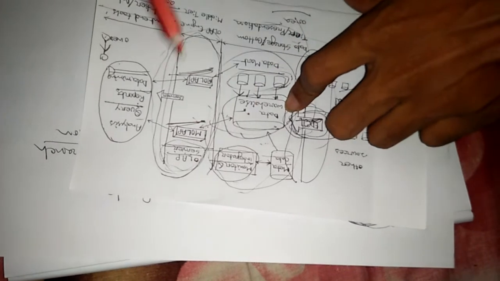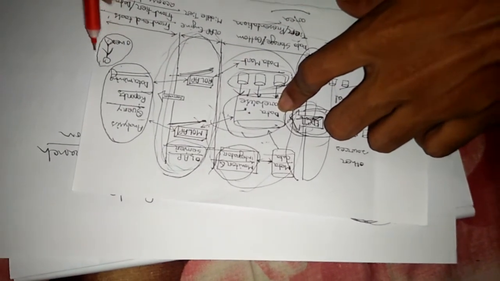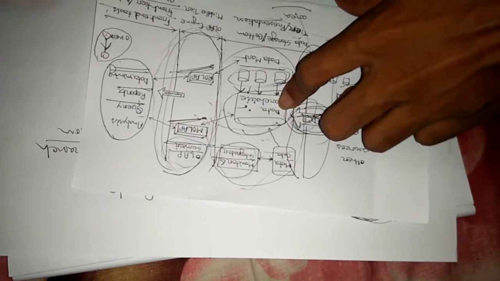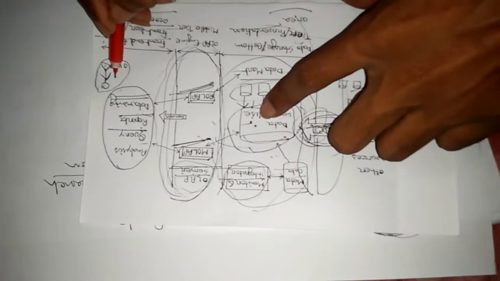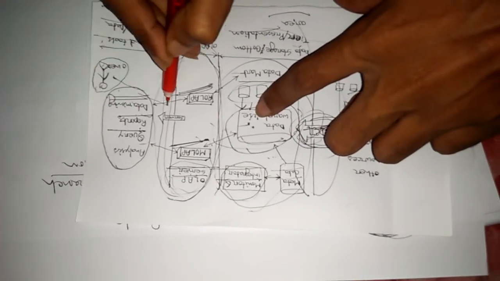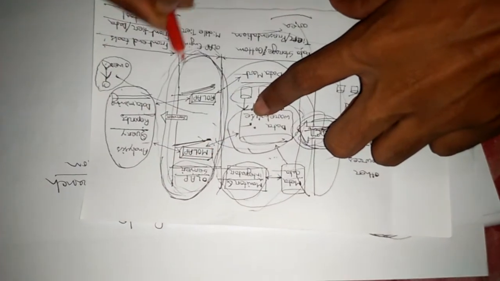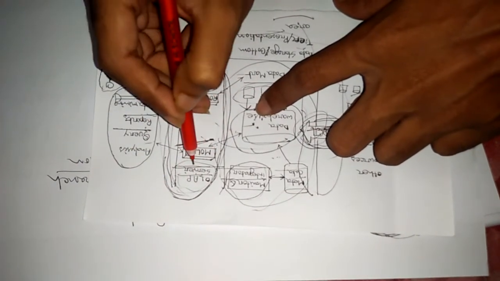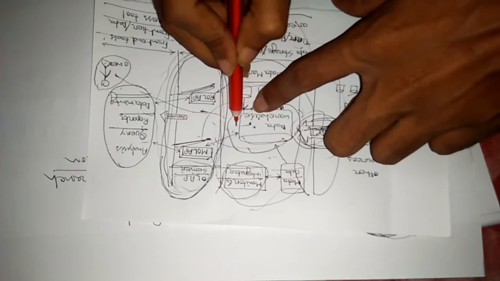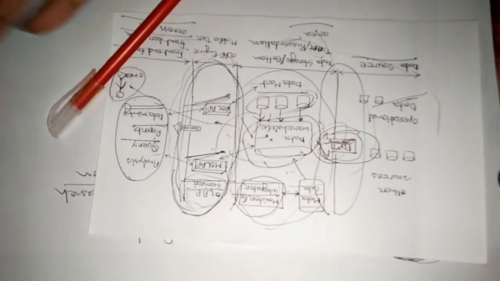And access means if someone is finding or searching for any data, he has to go through this process, this OLAP server, that is the access point. And that's all about the data warehouse model and components.